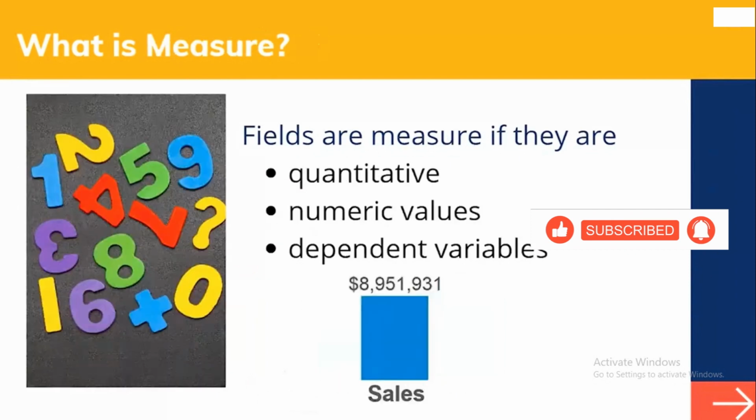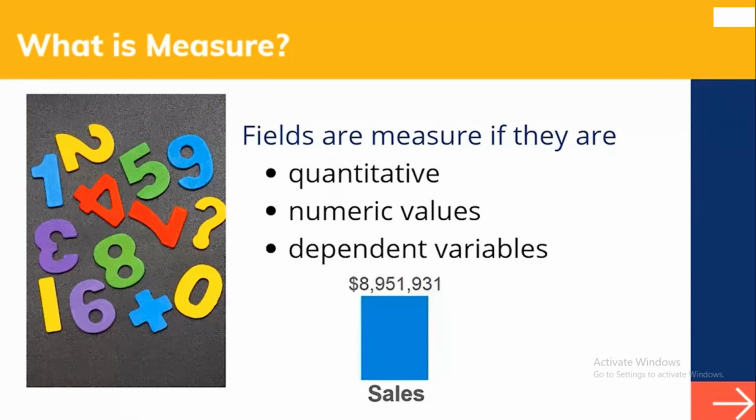Now let's move ahead and understand what is the meaning of measure. So a measure should definitely be the opposite of whatever I have spoken about in terms of dimensions, right? Dimensions, I said, will be categorical in nature and a quantitative value will not be there.